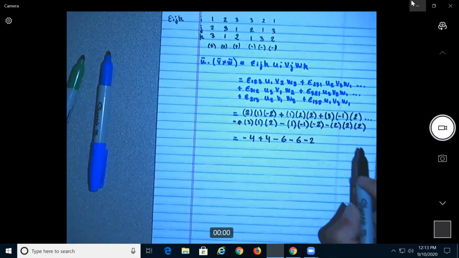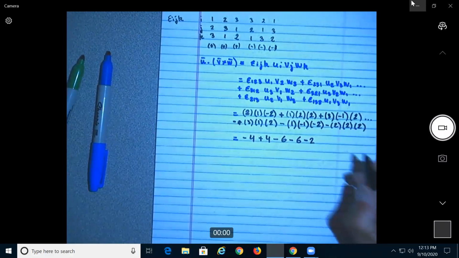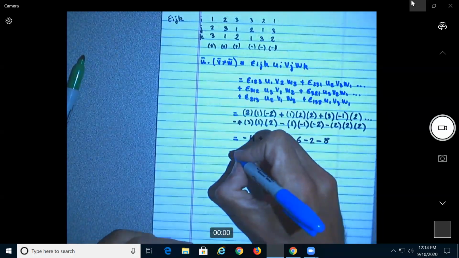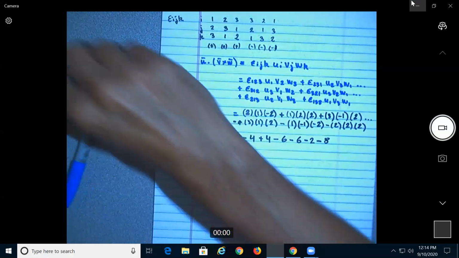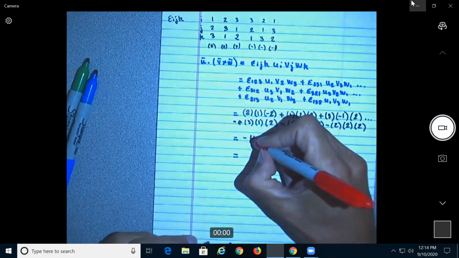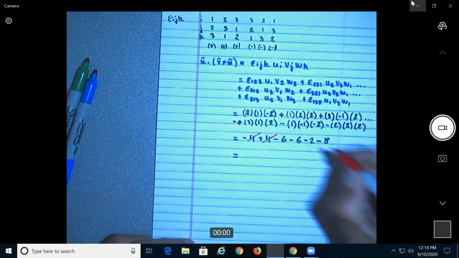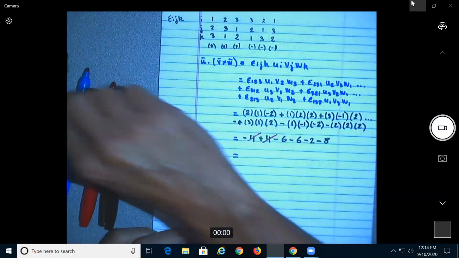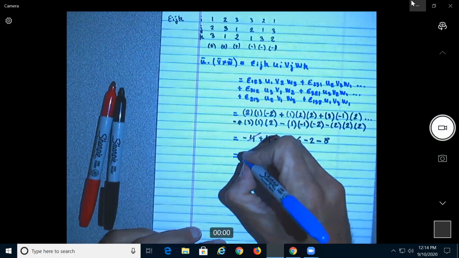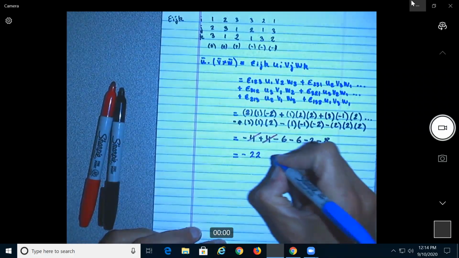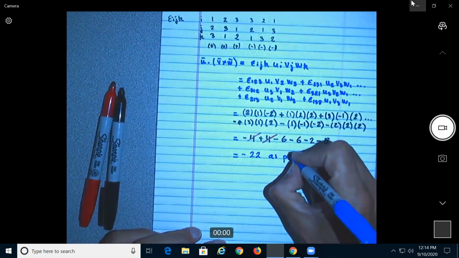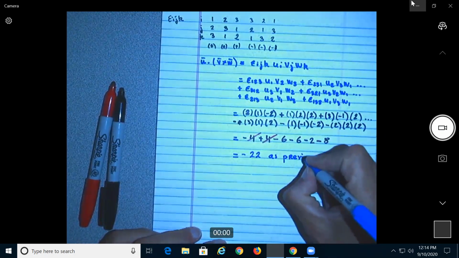And this should be -8. Okay. So you see these two will cancel each other. So we get -12, -10, -22, as previously.